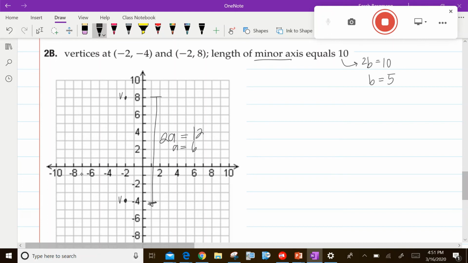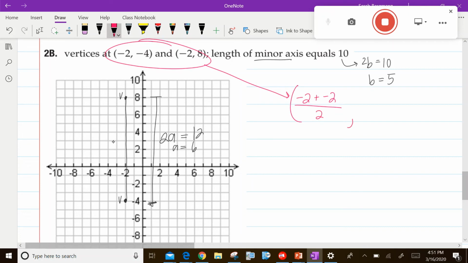So I have my a value, I have my b value, I just need my center point. So I have options. I can count and figure out where the center is, or I can find the midpoint between the vertices, which I will do just to show you the midpoint formula one more time. So (-2 plus -2) over 2, that's the average of the x values. (-4 plus 8) divided by 2, that will be the average of the y values.